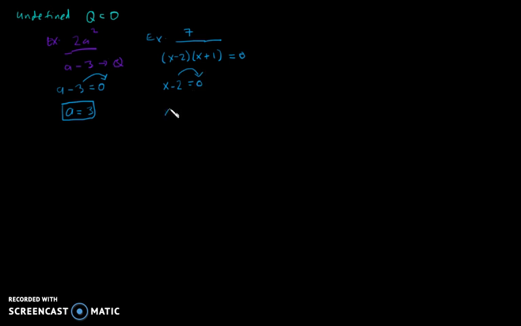Transpose to the other side, that would become x is equal to 2. On the other hand, x plus 1 is equal to 0. Transpose to the other side of the equation, and that would be x is equal to negative 1. If I substitute 2 in the denominator, that will be 2 minus 2 and it will become 0. 0 multiplied by any number will be 0. Same with this 1.